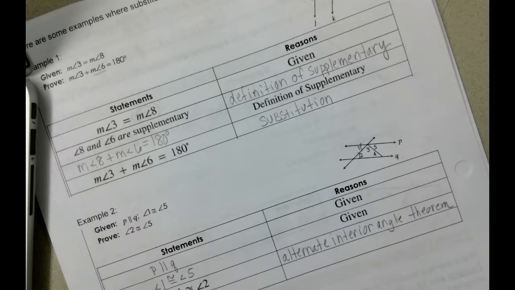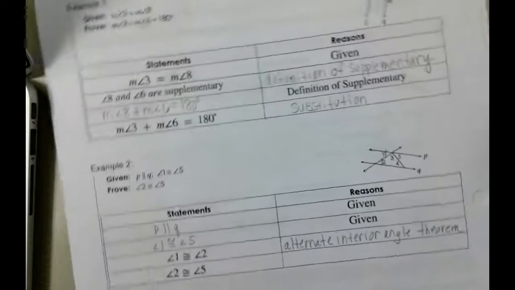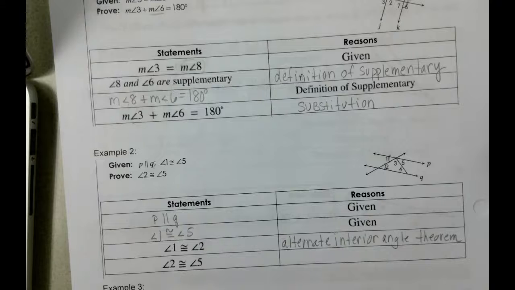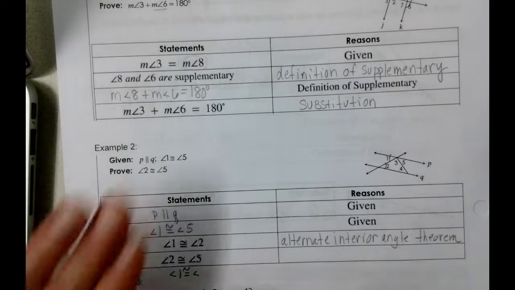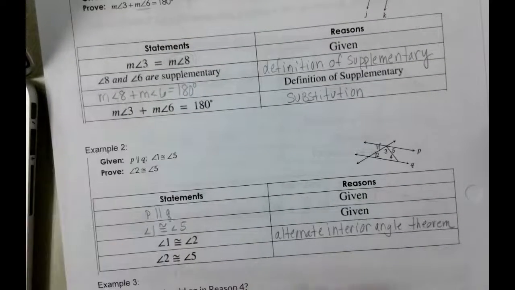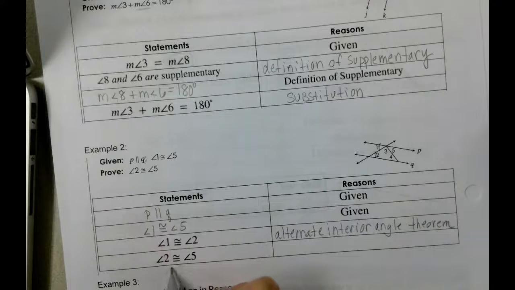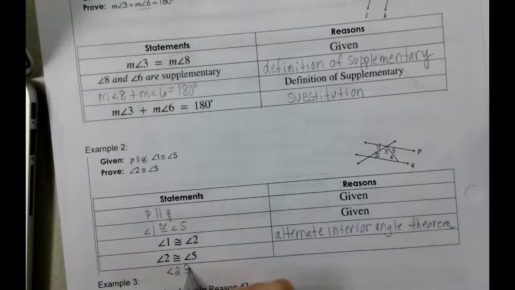Now, what we know is that angle 1 is congruent to angle 5, and angle 1 is congruent to angle 2. So when I look at this, I actually think of it in more of this format. I would really think of it this way: angle 2 is congruent to angle 1.